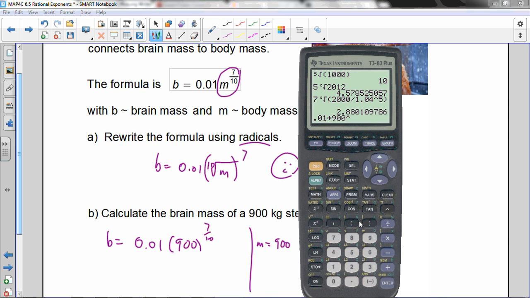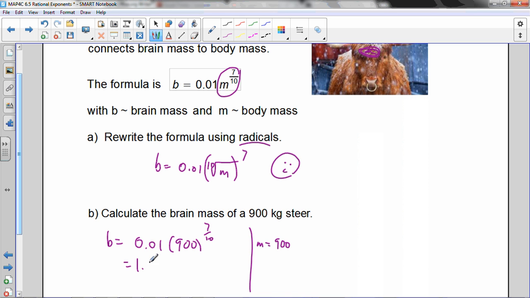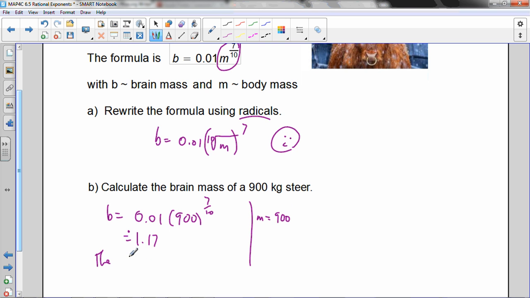To the exponent, I do have to put in brackets though. Bracket 7 divided by 10, end bracket, enter. 1.17 about. And what does that represent? Well, that guy's brain is 1.17 kilograms. The steer's brain was 1.17 kilos.